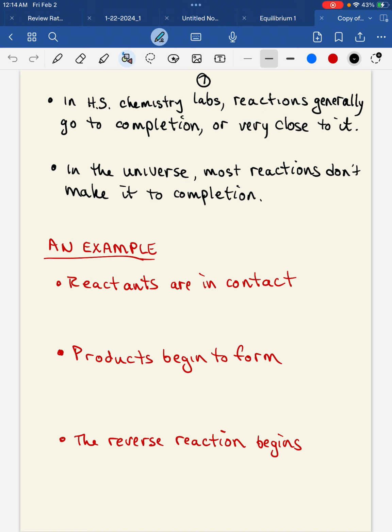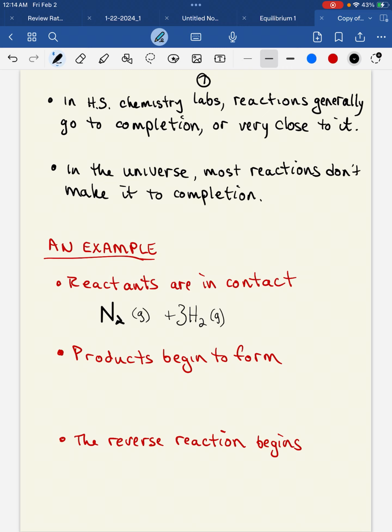So, for an example, as the reaction begins, the reactants are in contact with one another. So, for example, nitrogen gas and hydrogen gas might be in the container reacting together.